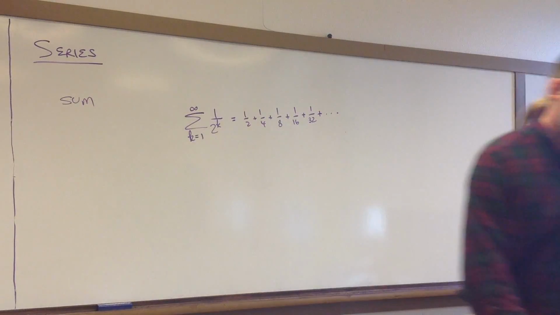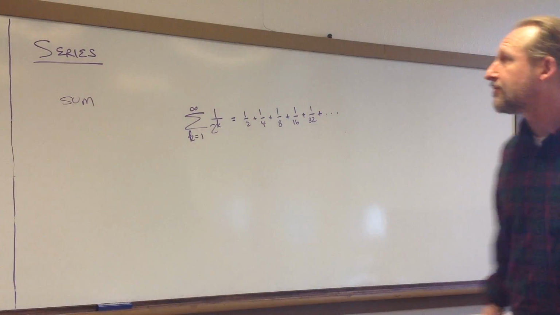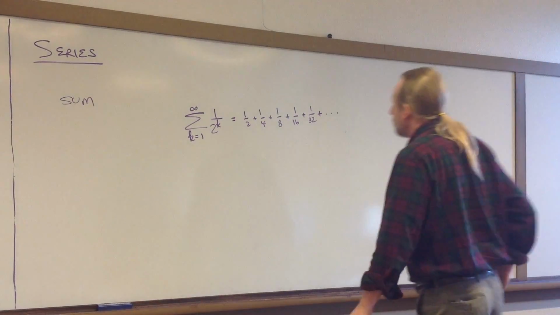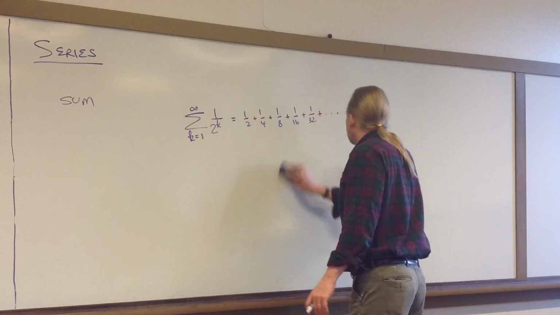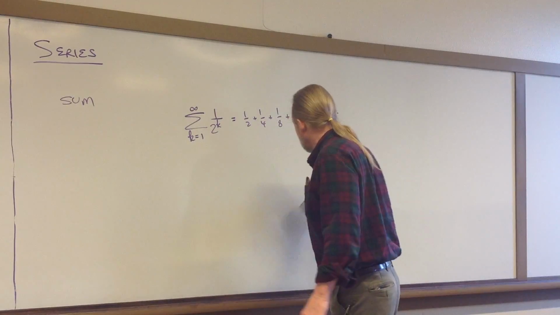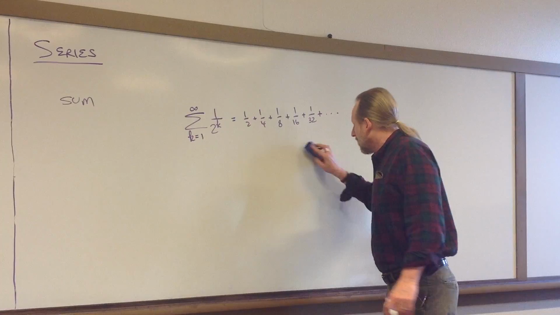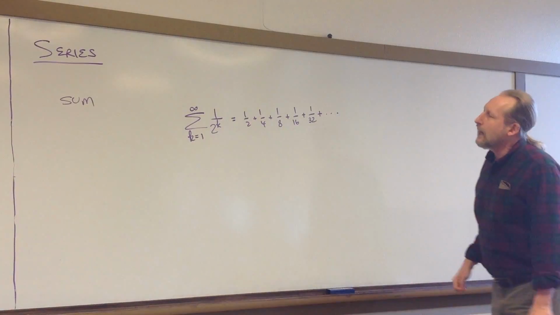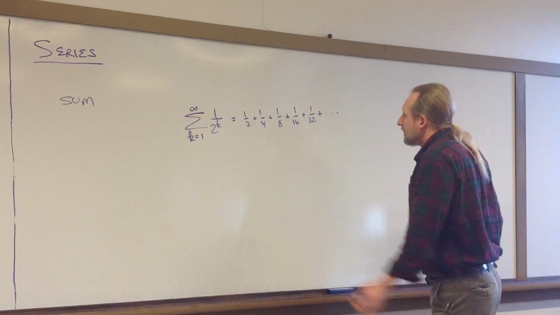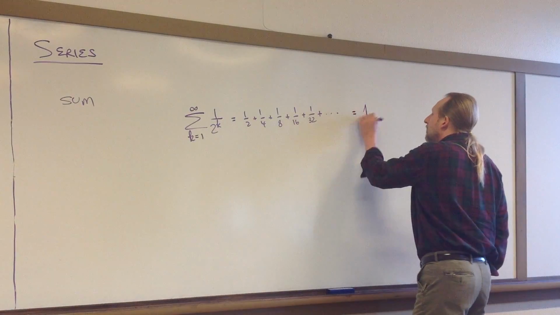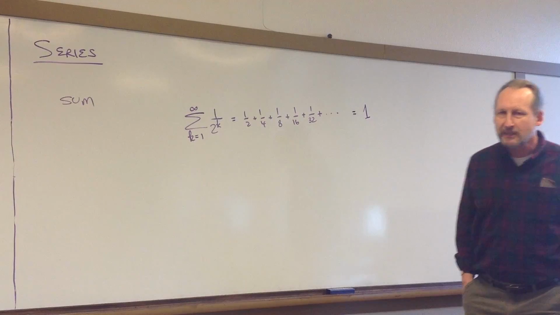Infinite series are kind of tricky to work with. They can do unexpected things sometimes. This series is kind of interesting. You can arrive at an approximate value for this sum. If you add these all up, it is approximately equal to 1.